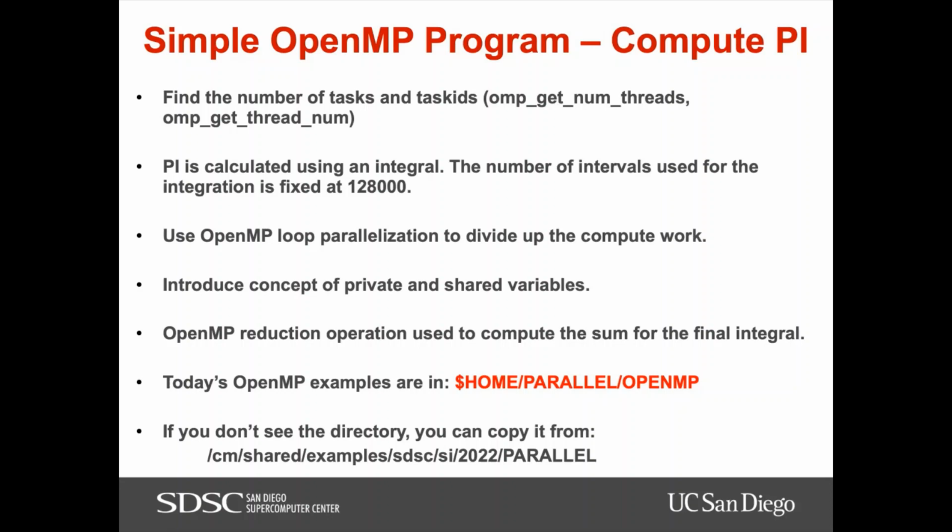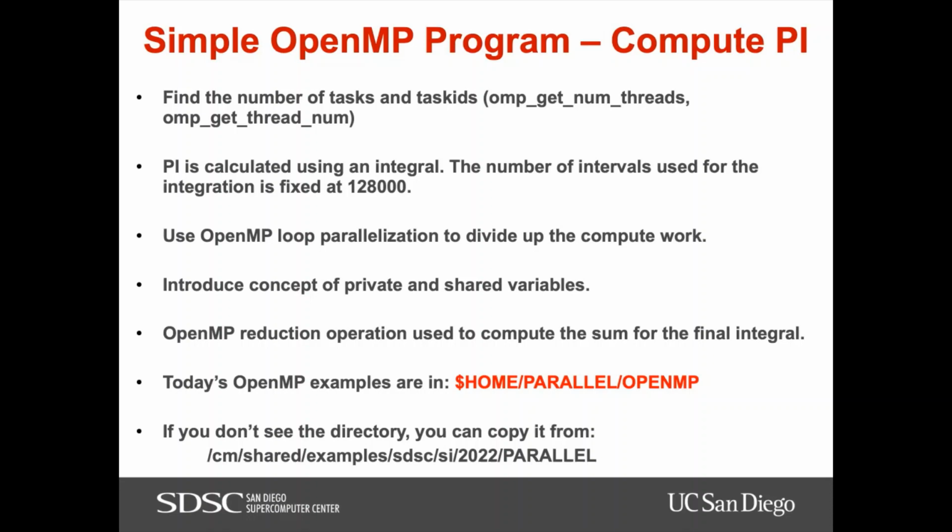It finds the number of threads and thread IDs, so it gets omp_get_num_threads and omp_get_thread_num, and then pi is actually just being calculated using an integral, and we just break up the integration to do the calculation.